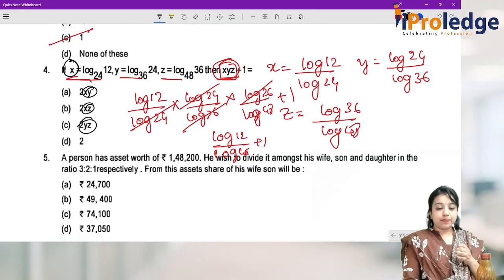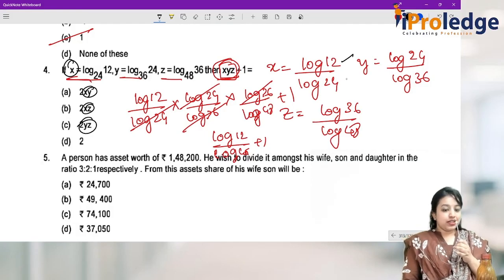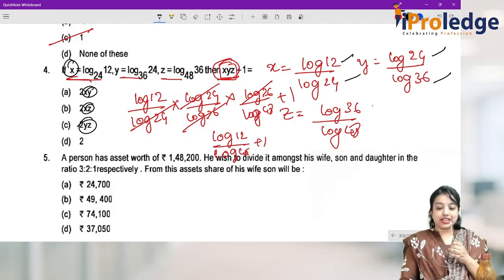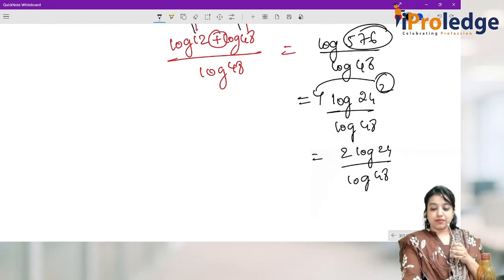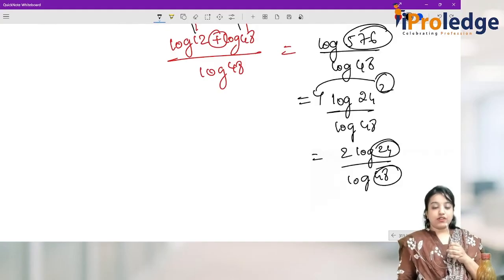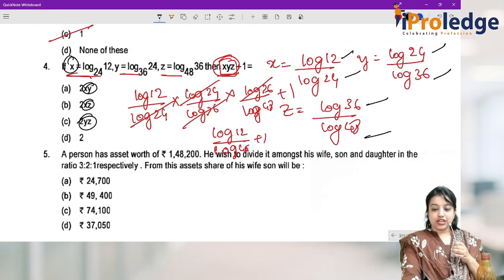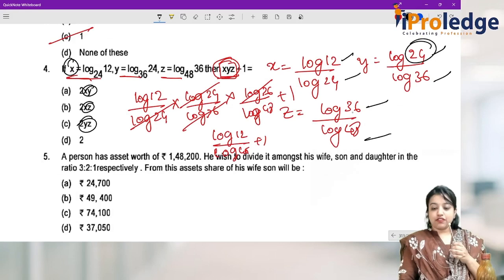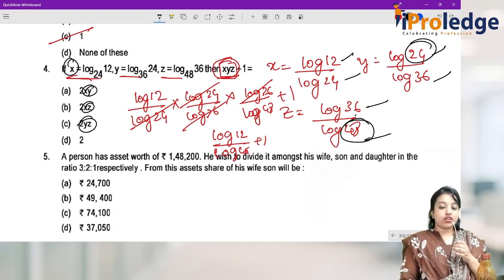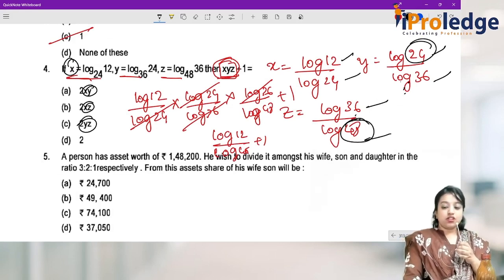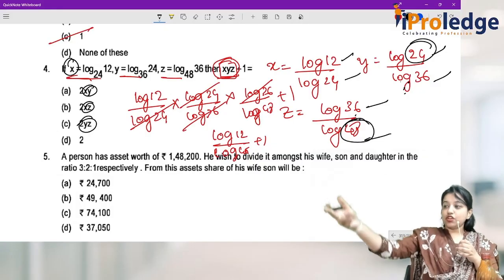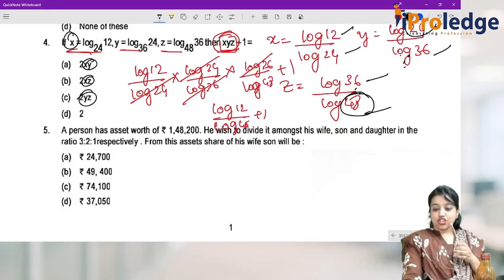What is x? It is 12 by 24. What is y? 24 by 36. What is z? 36 by 48. So what is remaining for us? 24 and 48. Here we have 24, here we have 48. What is missing? Log 36, in both the numerator and the denominator.